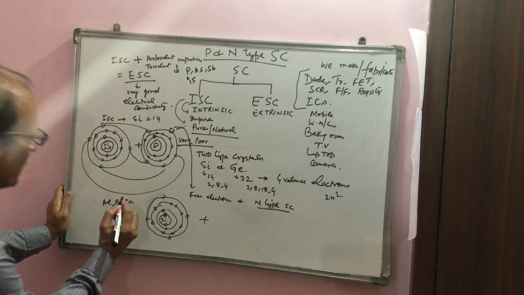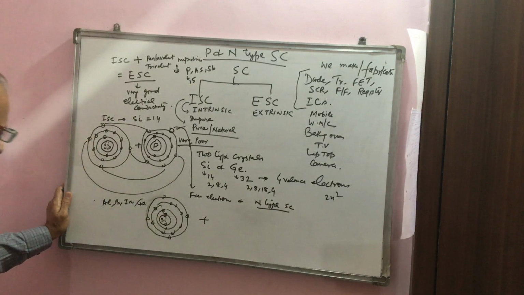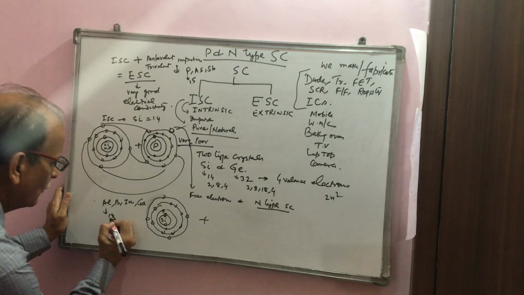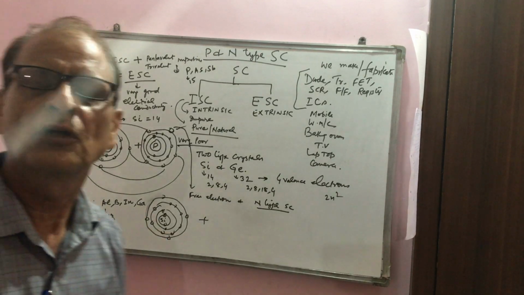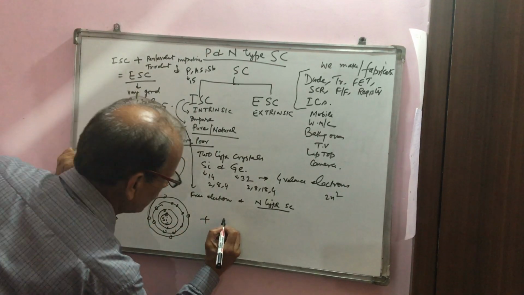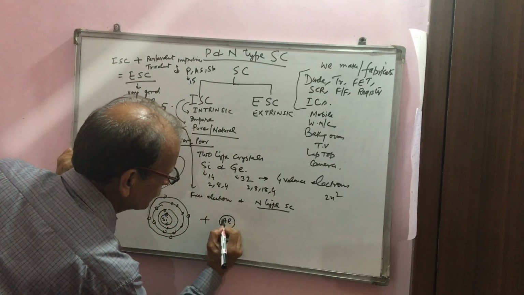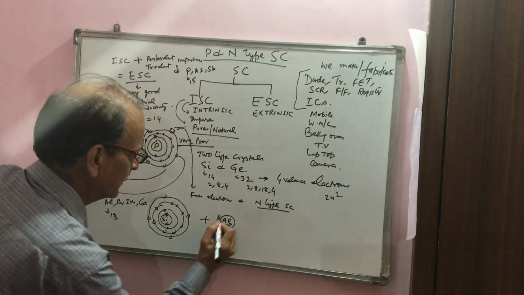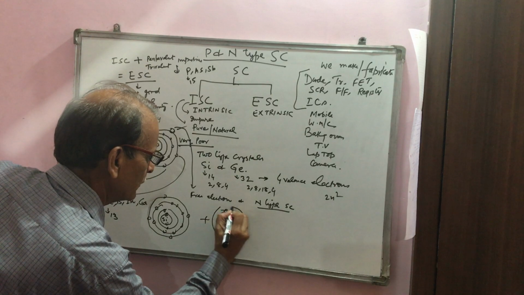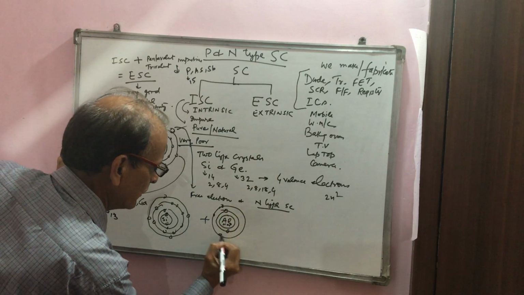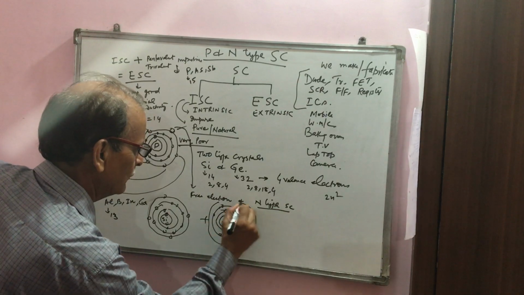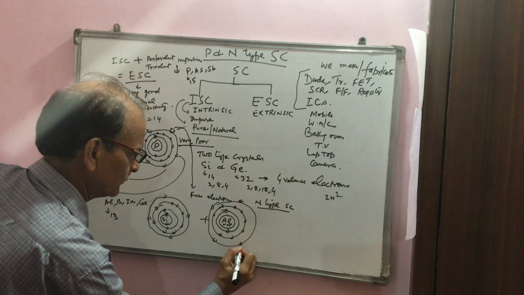It is also gallium. Atomic number of aluminum is 13, which is very near to atomic number of silicon. So atomic structure of aluminum: in nucleus we have neutrons and protons, and in the first orbit we have 2 electrons, second orbit we have 8 electrons, and third orbit we have 3 electrons.